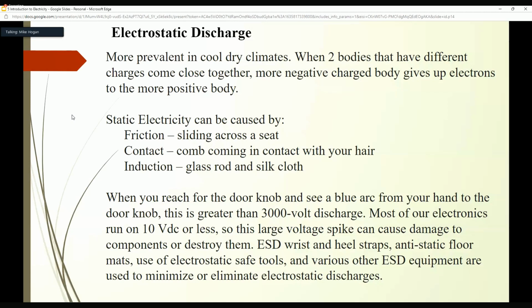Because if you start working with integrated circuits or microprocessors, a 3,000 volt discharge to a semiconductor or to a microprocessor, while it might not cause it to immediately fail, is certainly going to do some damage. It's not good for it.